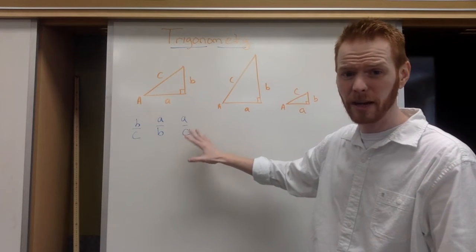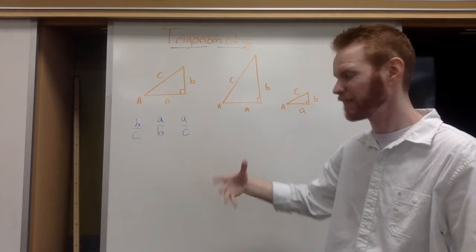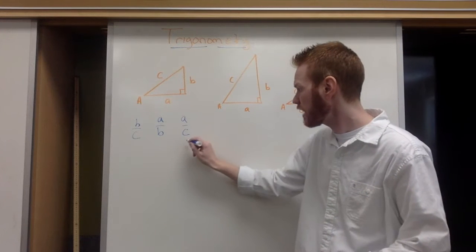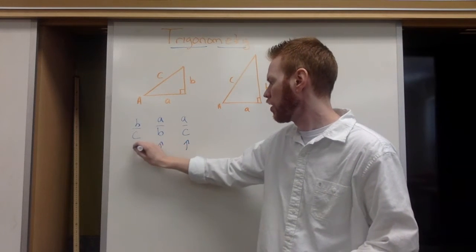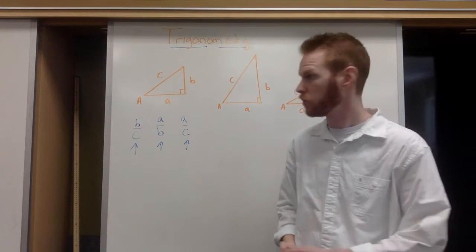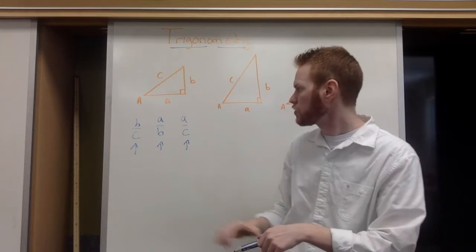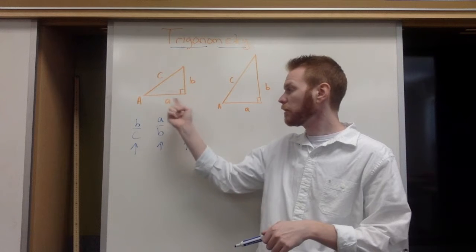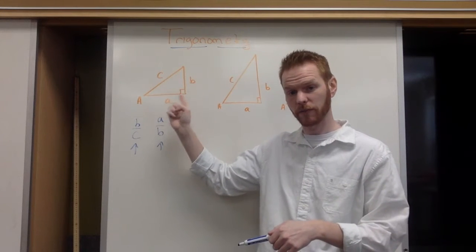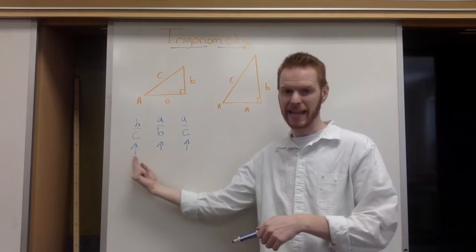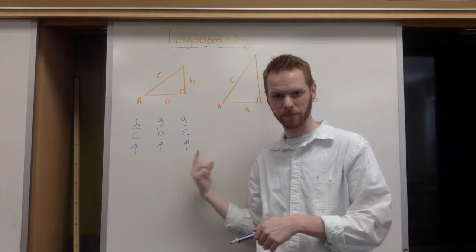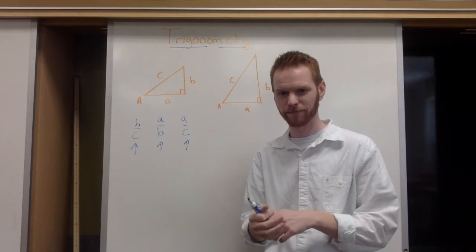If I say, compare side lengths this to this, that's okay, but it's nice to have a name for each ratio. So that's what we're going to do today. The object of today's lesson is to pull up the possible ratios of this right triangle and put names to them. That's the first part of trigonometry.